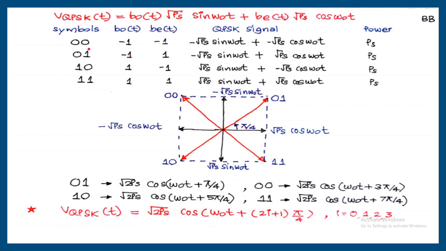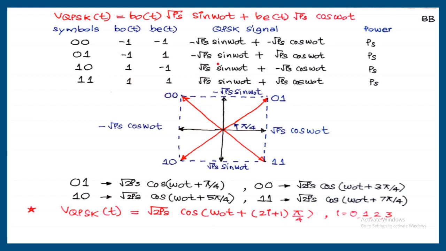Now depending upon the combination, there is an addition. For 0, 0, minus root Ps sin omega 0t, that is here, minus root Ps sin omega 0t plus minus root Ps cos omega 0t. So this vector and this vector are going to be added. The resultant vector is here with an amplitude of root 2Ps, and that is for 0, 0.